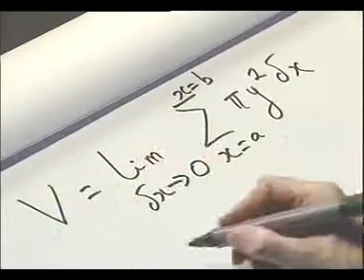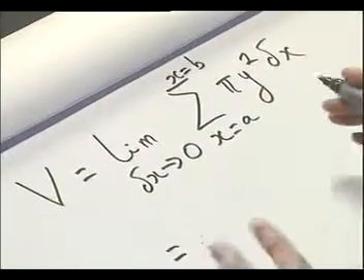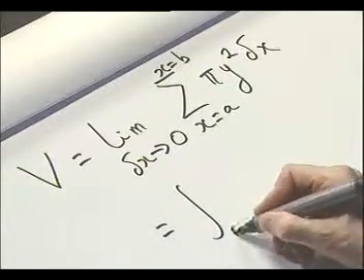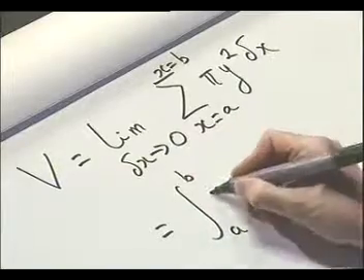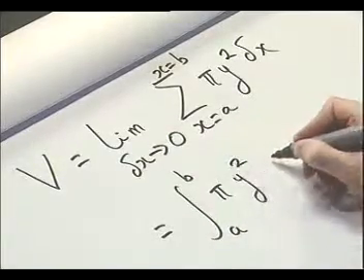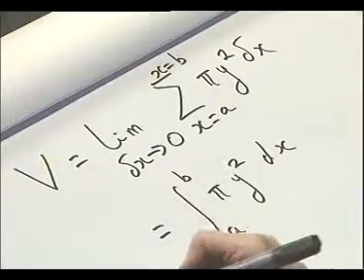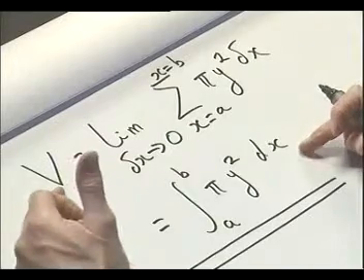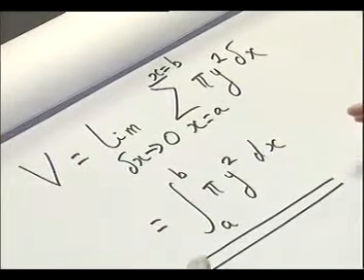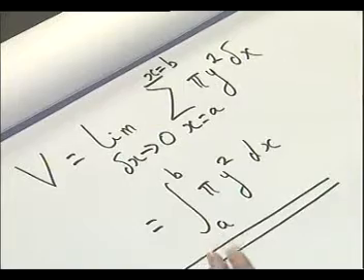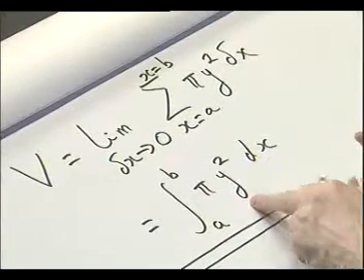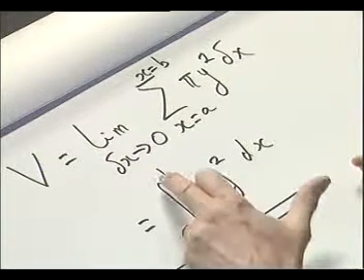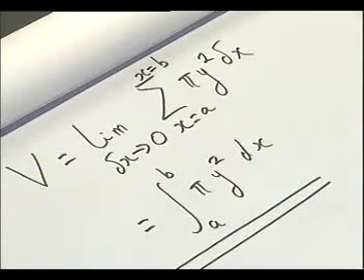And the notation that we have for this, as we see in the video integration as summation, is the integral from a to b of pi y squared dx. And that's the formula that will give us the volume of the solid of revolution when we rotate the curve y equals f of x that's contained between the ordinates x equals a and x equals b.